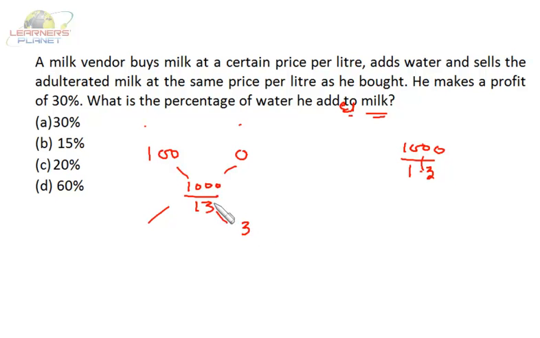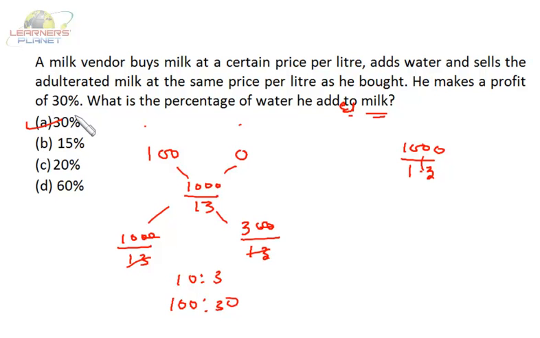It is 300 by 13. It is 1000 by 13. So the ratio is 10:3, or we can say 100:30. So in 100 liters he is mixing 30 liters of water. Okay, so what is the percentage of water? That is 30%. I hope you are clear.